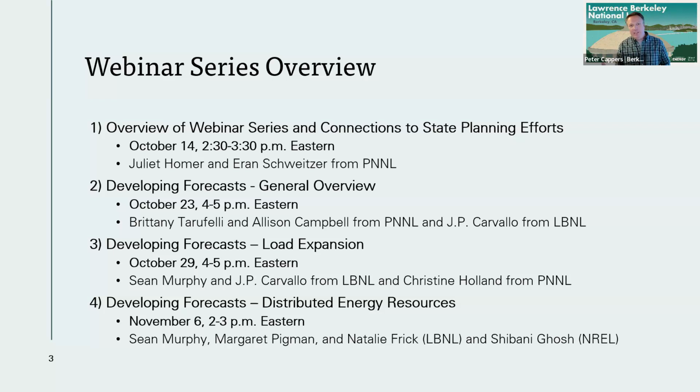We then moved into focusing on forecasting and provided first a general overview, and then moved into some specific issues, topics, techniques, and models associated with forecasting for load expansion, and then subsequently forecasting for distributed energy resources.